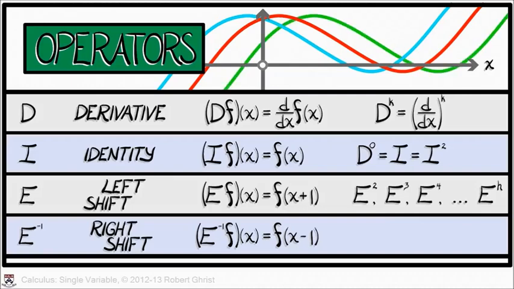But note that this right shift, E inverse, really is the inverse of E. If I multiply E to the negative 1 times E, I get E to the 0, or the identity operator. Of course, this works whether I multiply E inverse by E or E by E inverse. This means that I now have a nice language for doing algebra with these operators.